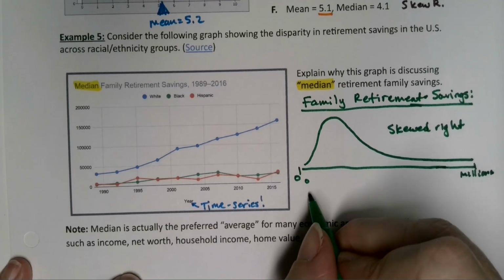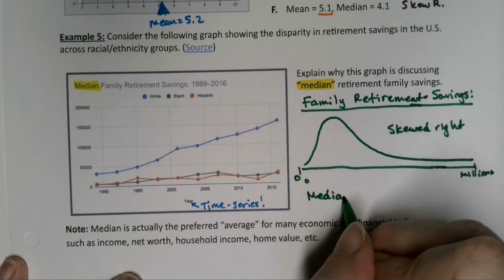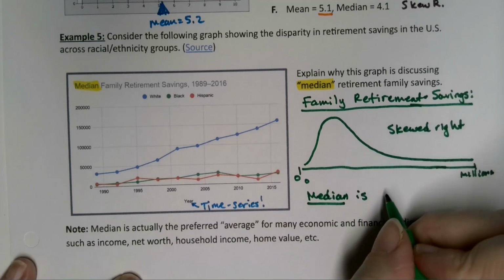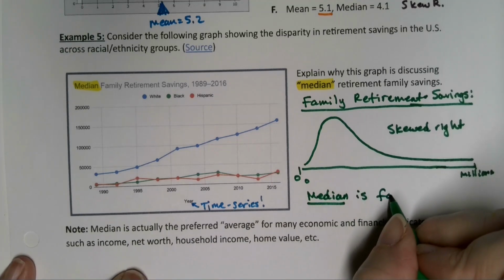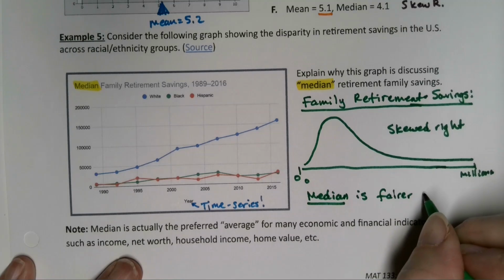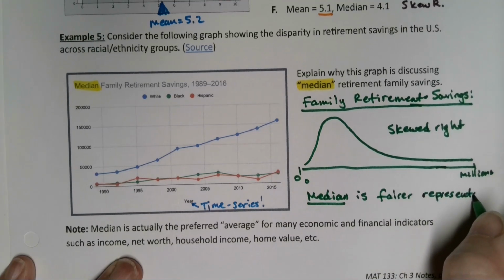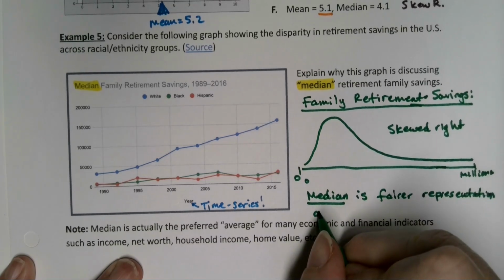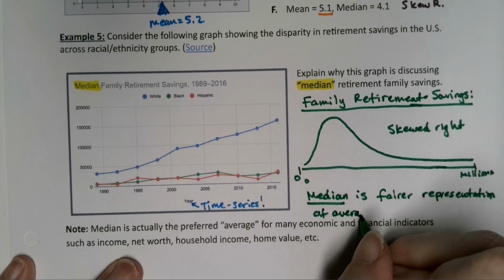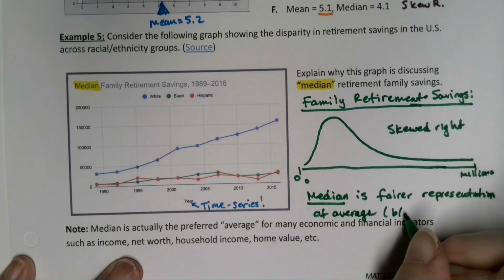right? Median is fairer because it resists the skew. It's a fairer representation of the average, right? Because it resists the skew right.